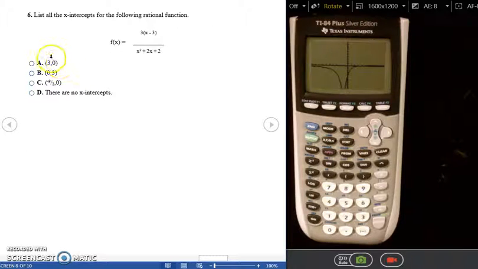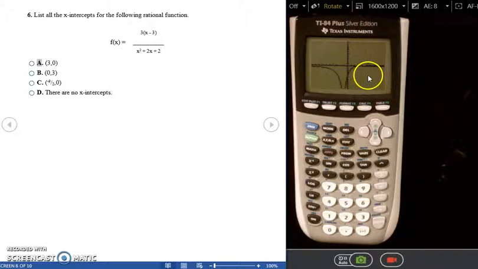That means it has to be A or C, because those have a y-coordinate of 0. I can see that it crosses where x is positive on the x-axis, so it's probably not going to be C because that's a negative number. Just by glancing at the graph, I have a strong suspicion that A is going to be my final answer.